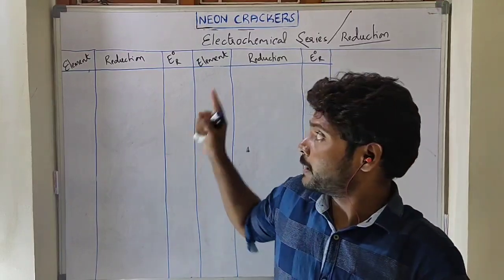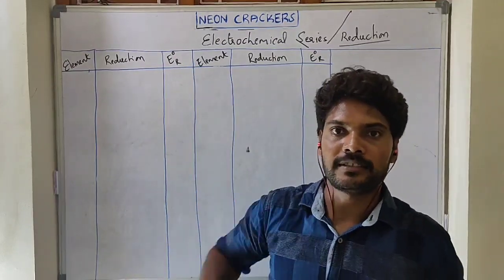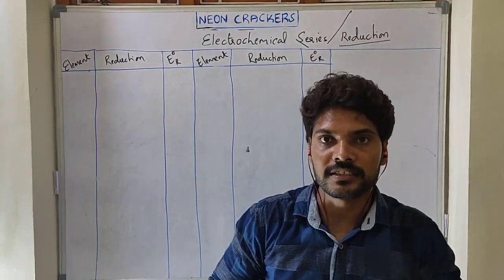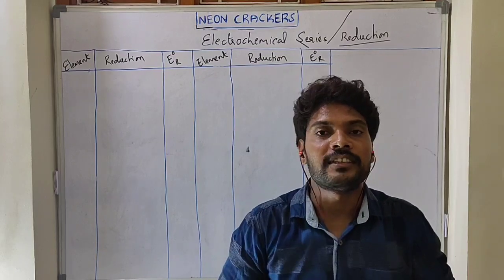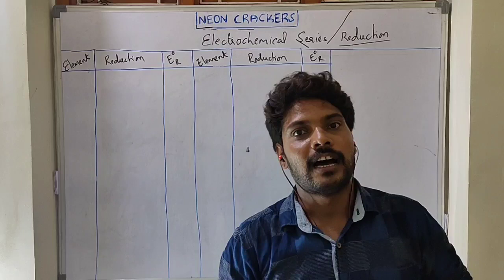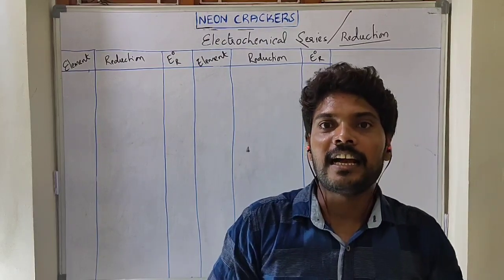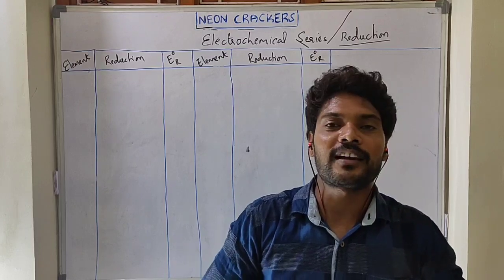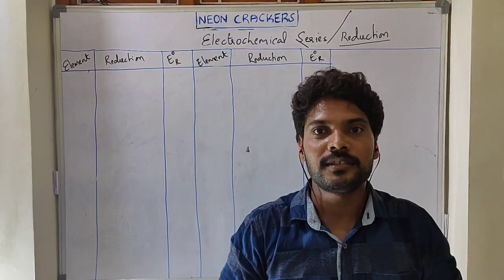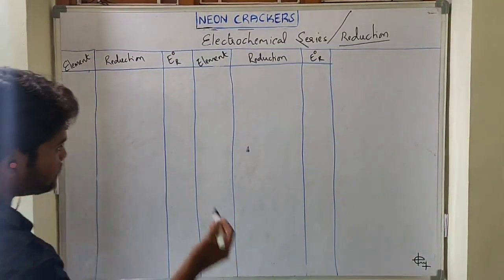And again, I will give one important, simple rhythm to remember all the elements of the electrochemical series. So what is the rhythm? The rhythm is Li Ka Ka Na Mal Ji Kro Fe Ka Dnis, Hydrogen and Hapa. Okay, so I'm writing.